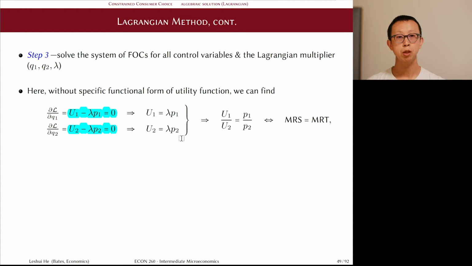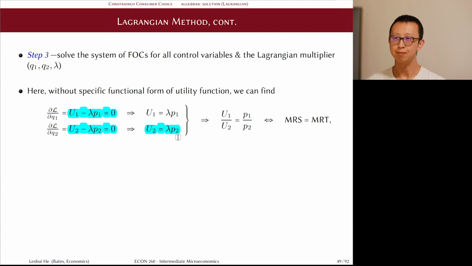And now we can try to combine these 2 equations into the same equation. One way to think about that is that when the second equation is satisfied, U2 and lambda P2 are essentially the same thing. They are taking exactly the same value.